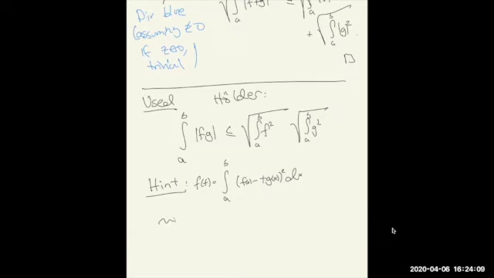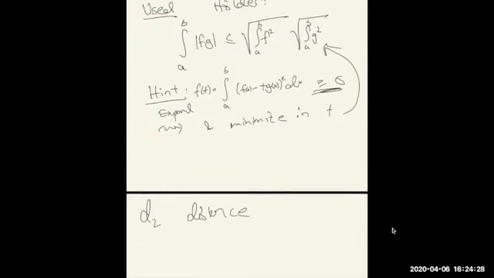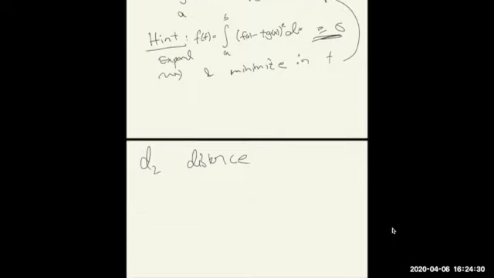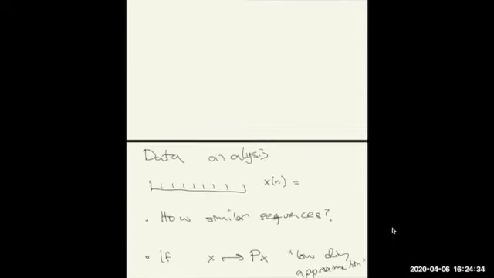You expand and minimize in t. And what we have is that this is always non-negative, and the minimization in t then leads to that inequality. So this is the special case of the D2 distance on this space that's particularly important for applications such as probability and analytic effects.